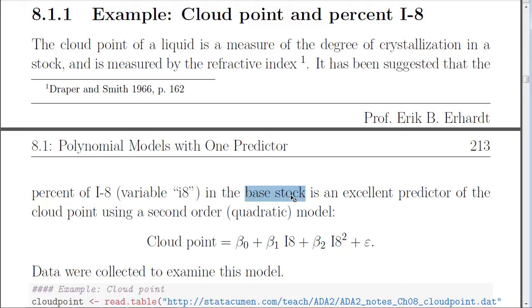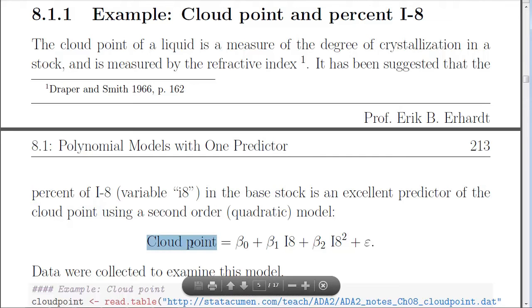So this stock that you're making the liquid from includes some component called I8, and it's a percentage of that that we care about in terms of predicting this cloud point. For example, if we were looking at a quadratic model, we could model the cloud point as a function of I8, with a linear term and a quadratic term for I8.